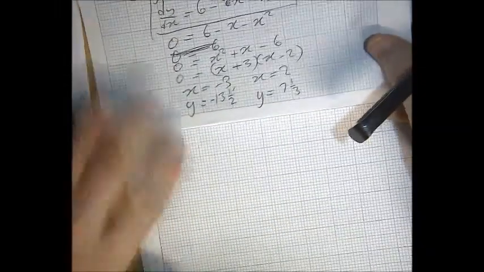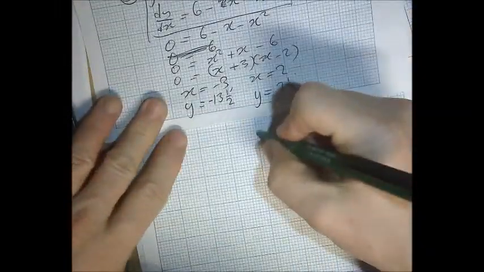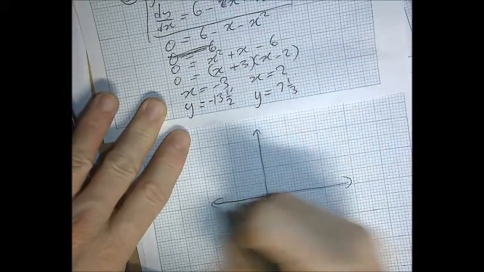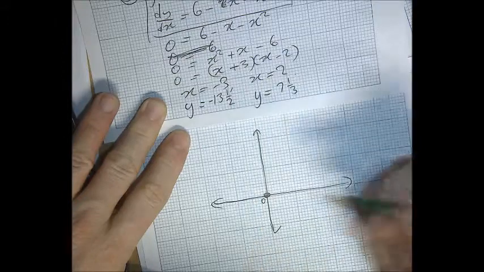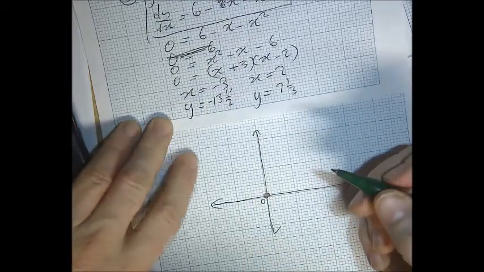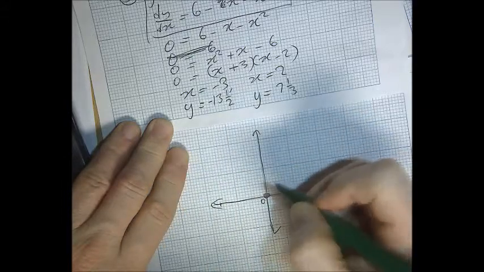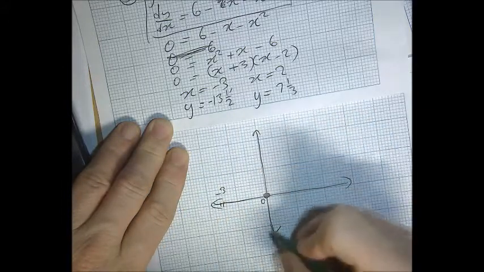So here is the graph. That's the y-intercept. I said it was flat at negative 3 all the way down.